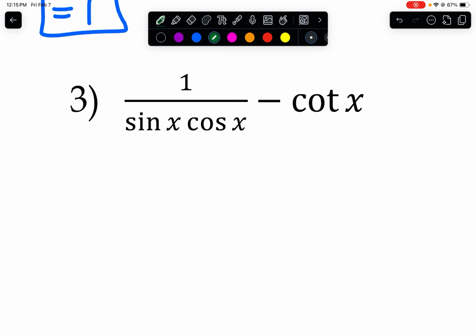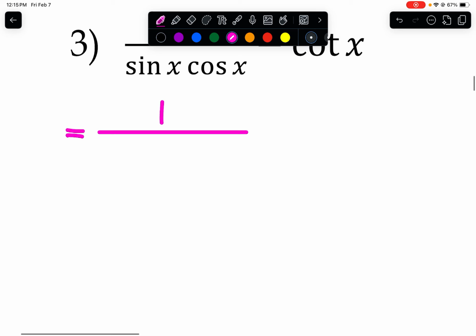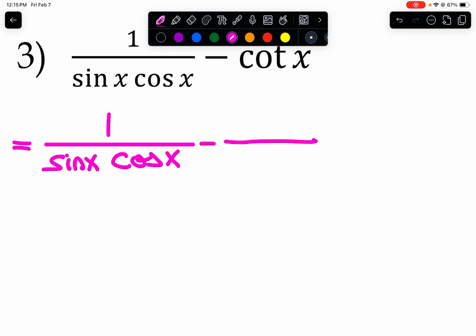So number 3. We have 1 over sine x cosine x minus cotangent x. What I'm going to do here is get everything just in terms of sine and cosine. So I'm going to leave that first term alone. So we have 1 over sine x times cosine x, and then minus cotangent. Cotangent, I'm going to turn this into cosine x over sine x.